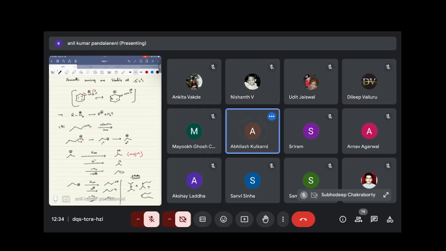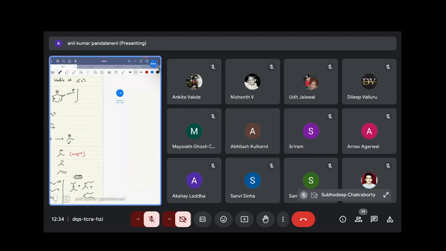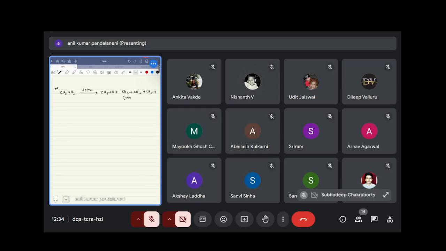Don't forget that reaction. CH3NH2 with HNO2, you will get alcohol as well as ether, and ether is the major product. Got it?